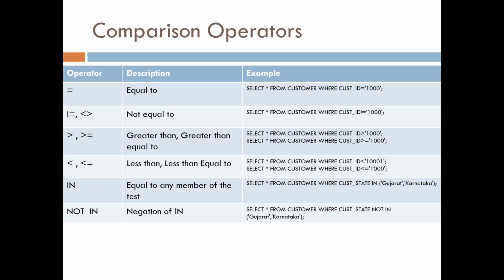In that case, we use the IN operator. The IN operator is basically saying whatever values you put, it can be equal to any of those. NOT IN is the opposite of it. Whatever values you have mentioned here, only if the data is not in this list, then return those values. So that's the concept of IN and NOT IN.